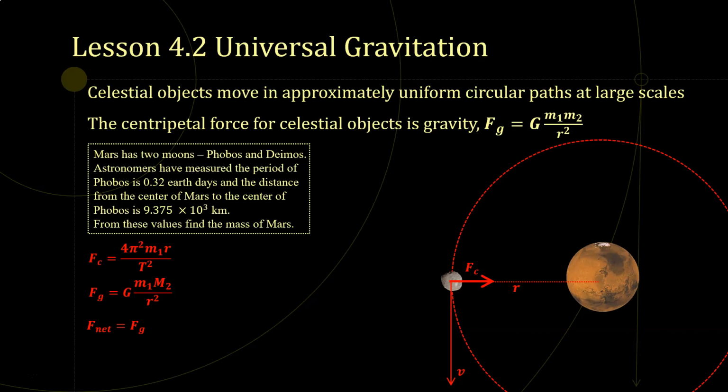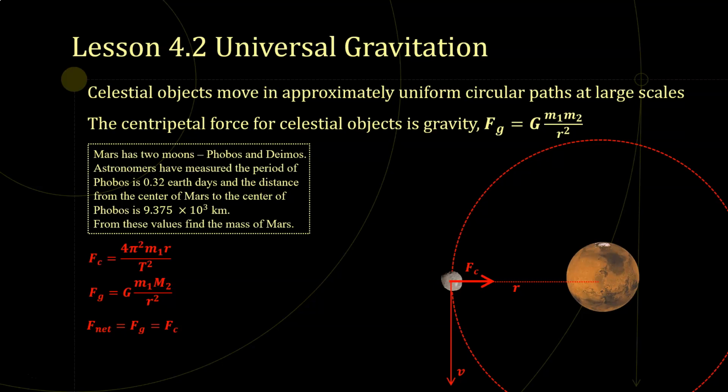There's nothing in space that's going to apply a contact force other than other gravitational forces, but nothing's close enough to Phobos compared to how close Mars is to significantly impact its motion. So the net force is going to be the gravitation force, and I can see that that gravitation force is always going to point toward the center of a circle, so that's always going to be a centripetal force.